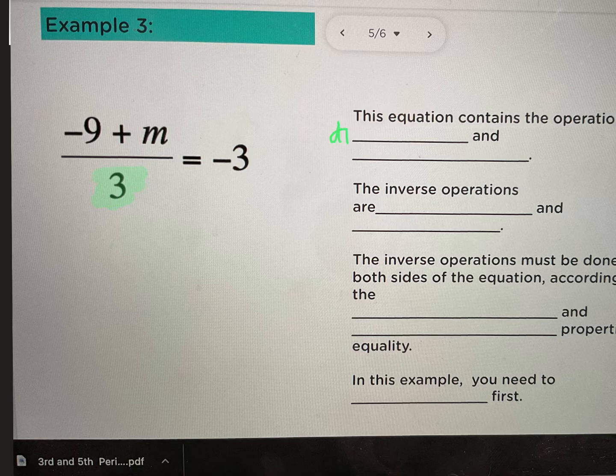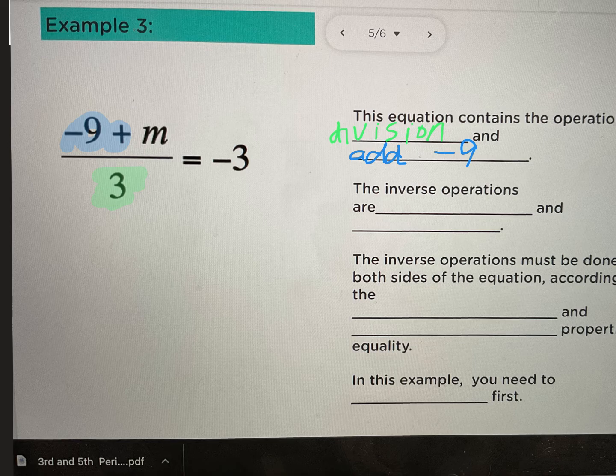So we have division. And we are adding, for our other operation, we're adding a -9. So this equation has division, and you're adding a -9.